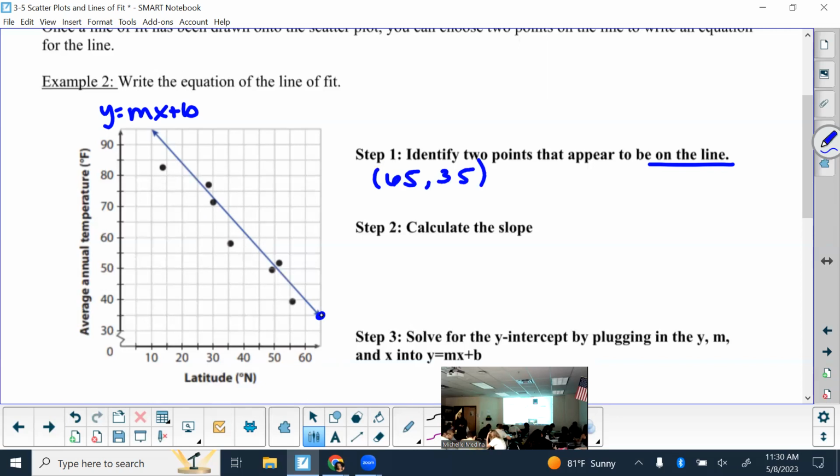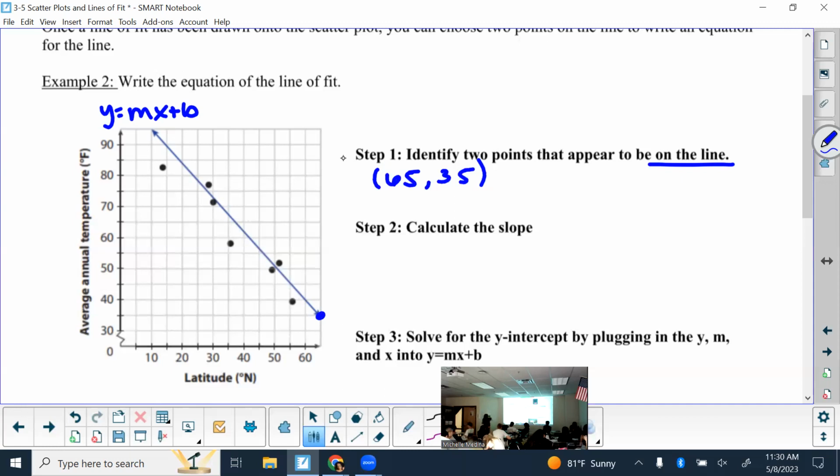Someone else volunteer. What's another coordinate that's on the line that you can see clearly? I'm going to give someone else a chance. If no one else volunteers, I'll call. So another point that you can see on the line, try to avoid having to estimate.